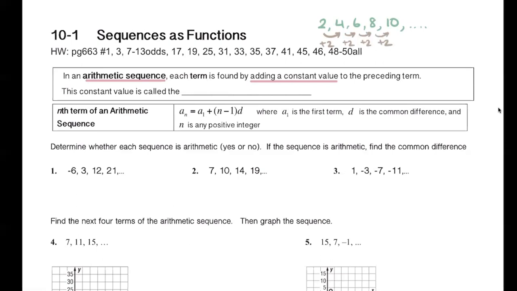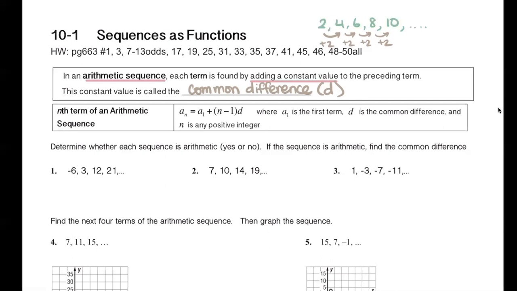Since we're adding 2 to get to the next term, that is that constant value. This constant value is called the common difference, and we use D to represent it. So that's what an arithmetic sequence is: when you add or subtract the same number each time to get to the next term.